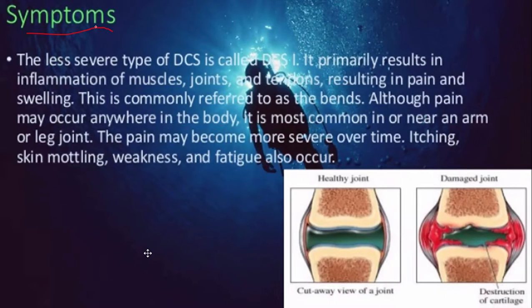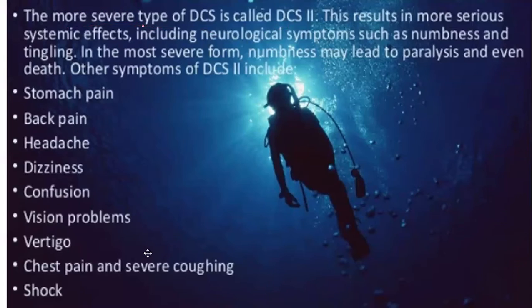The more severe type is called decompression sickness 2. This results in more serious systemic effects, including neurological symptoms such as numbness and tingling. In the most severe form, numbness may lead to paralysis and even death.